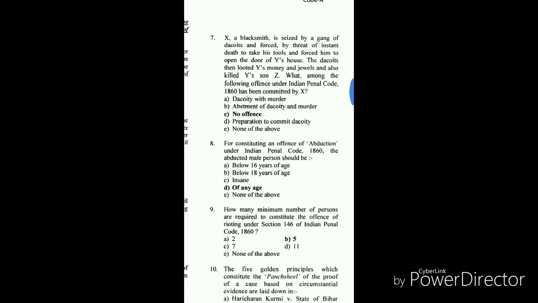X was threatened by the dacoits, so X never intended to do that offense, had no malicious intention and no mens rea, which means no offense was committed by X. Now we go to question number 8.